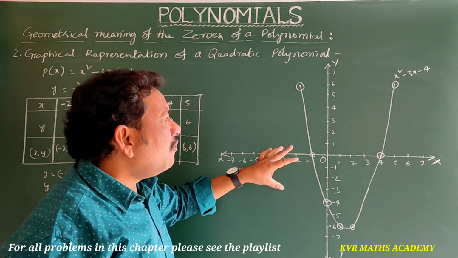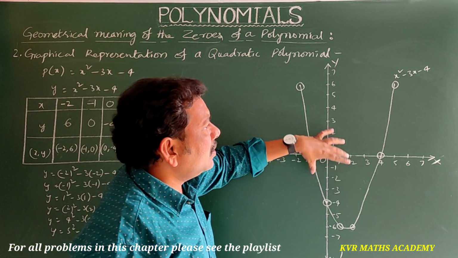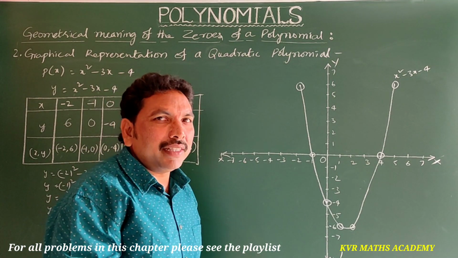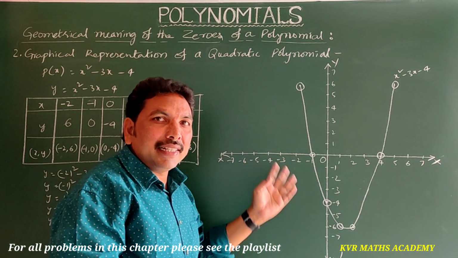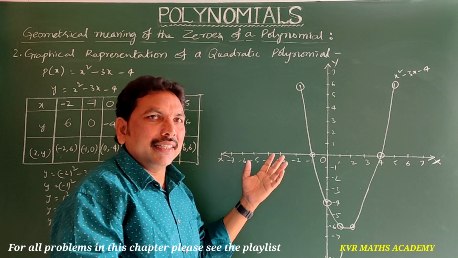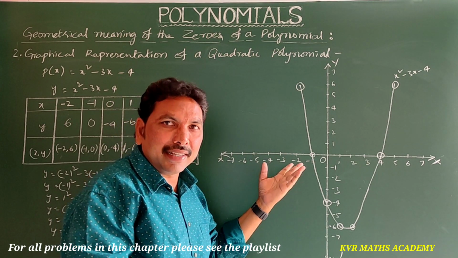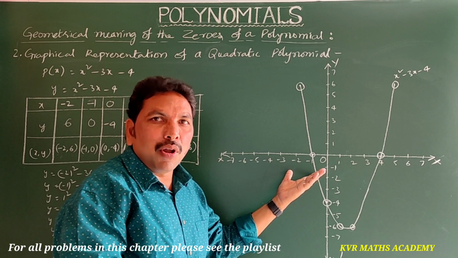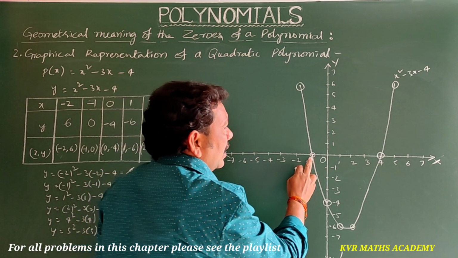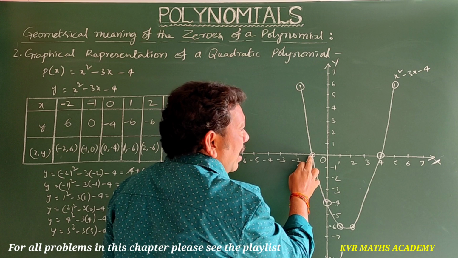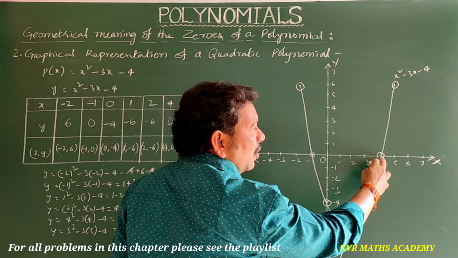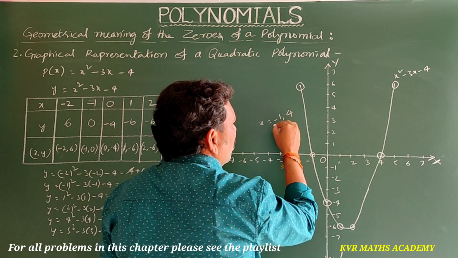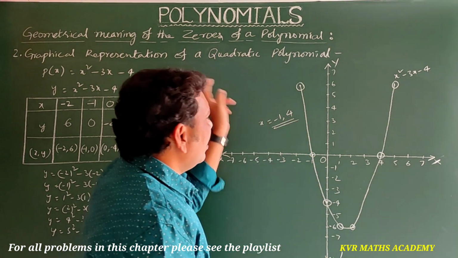Yeah. So what are the zeros of this graph? From the graph let us find. Zeros means where the line intersects the x-axis; those are called zeros of the given polynomial. Here it intersects the x-axis at -1 and 4. So x equal to -1 and 4 are the zeros of the given polynomial.